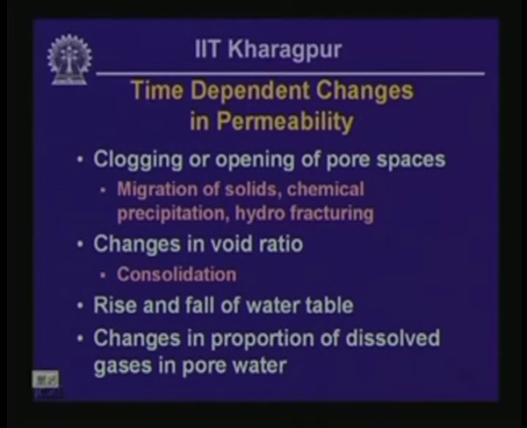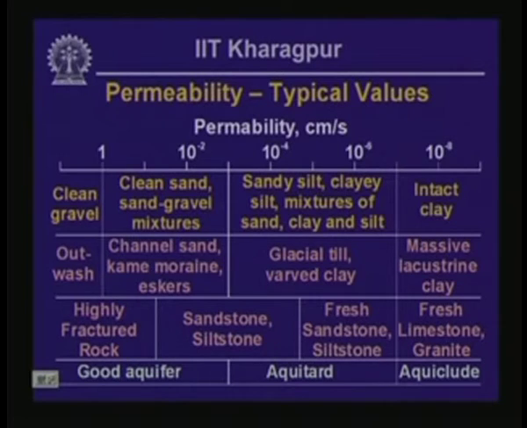Okay, so these are essentially the set of factors that affect permeability, and now we look at the typical values of permeability of different types of aquifers, and we are going to look at different types of soils and different types of rocks, typical values of permeability of different types of rocks and soils, and how permeability depends on the geomorphology of a particular deposit.